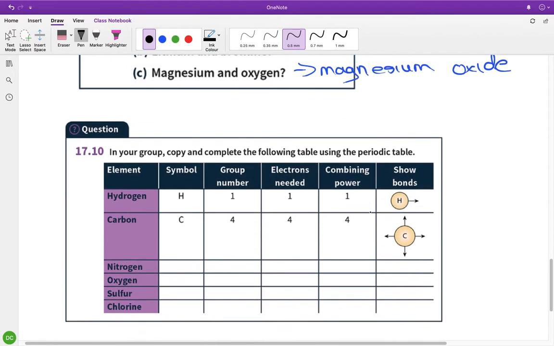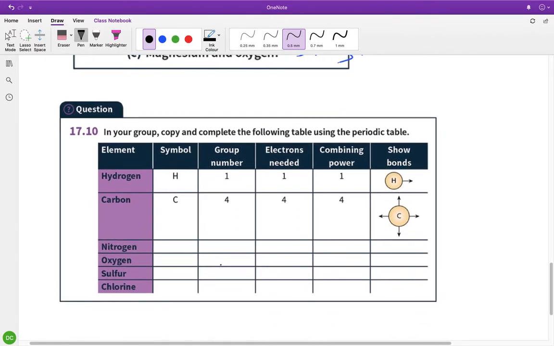Its symbol is N. If it's in group 5, it has 5 electrons in its outer shell. So the amount of electrons needed to make a full outer shell is 3, because it has to add up to 8. Whatever the amount of electrons needed, that is the combining power. So it has a combining power of 3. The diagram isn't that important, but essentially combining power of 1, 2, 3.